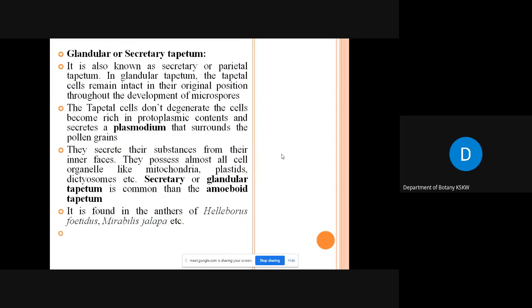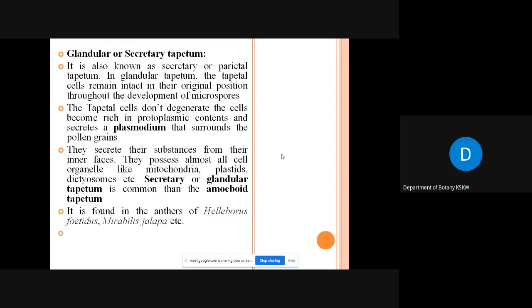Now here the secretory or glandular tapetum will remain intact in its original position throughout the development of the microspore. The cells stay where they are, they do not leave their place. The cells do not degenerate.